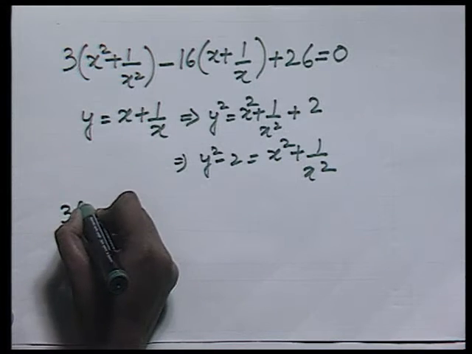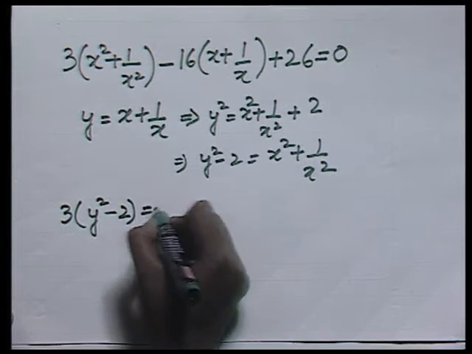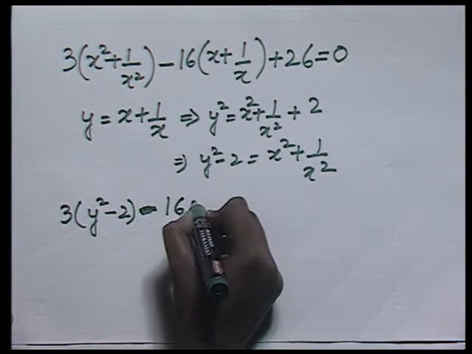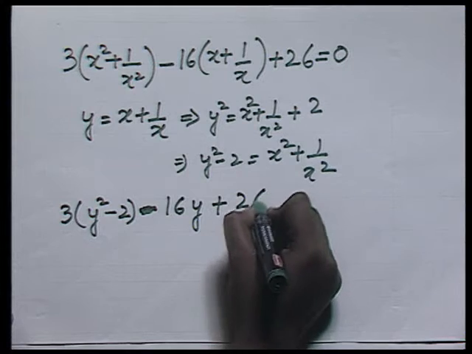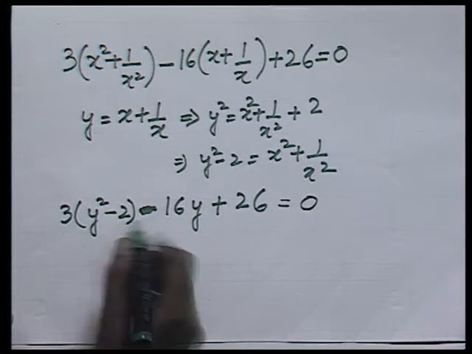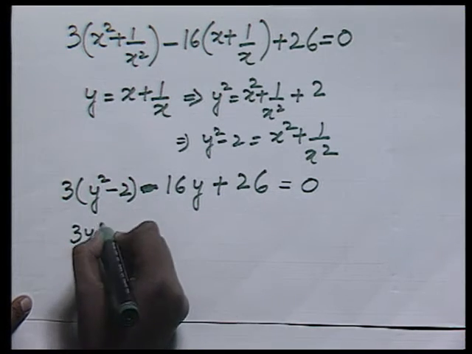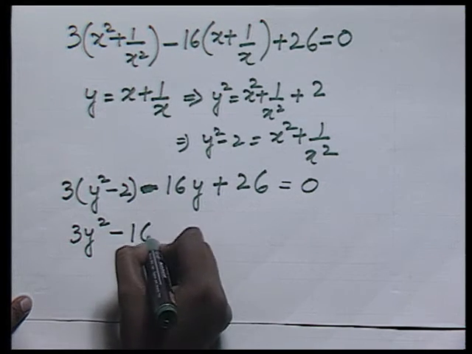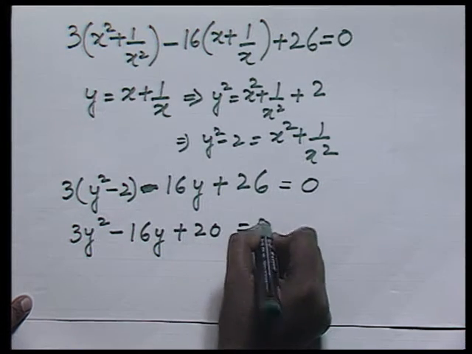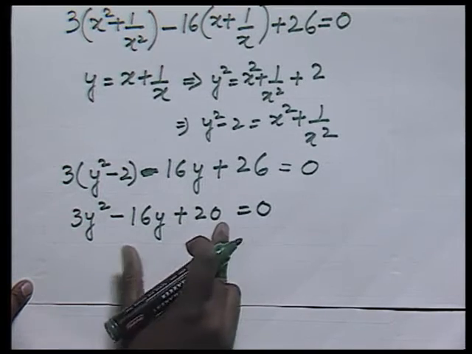We get 3 times y square minus 2, minus 16y plus 26 is equal to 0. Removing this bracket, we get the final equation as 3y square minus 16y plus 20 is equal to 0. Now, this equation is of quadratic form.